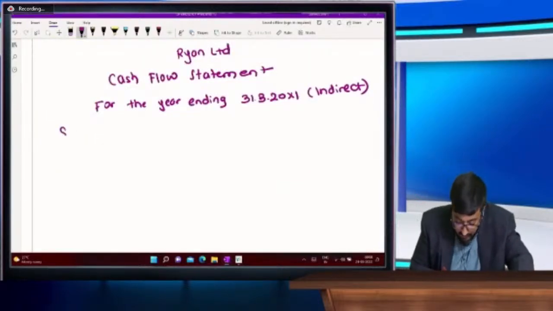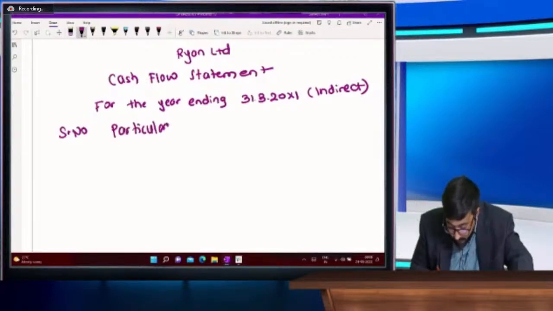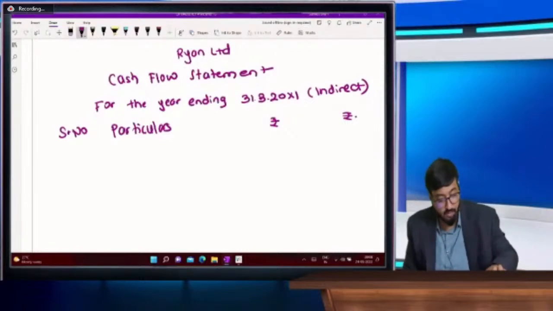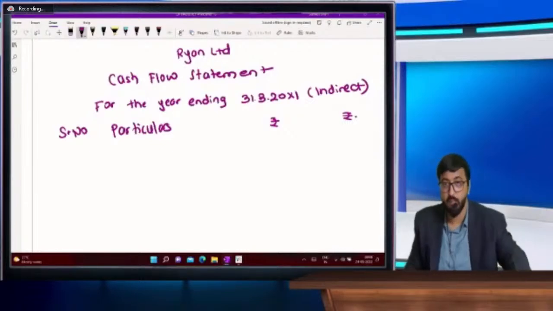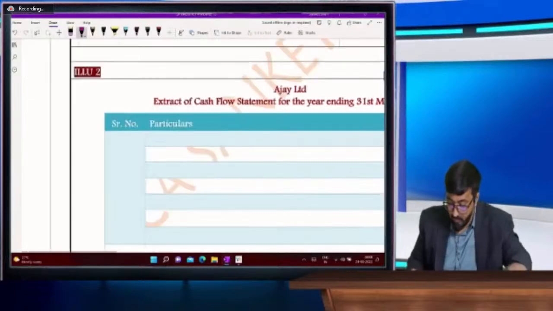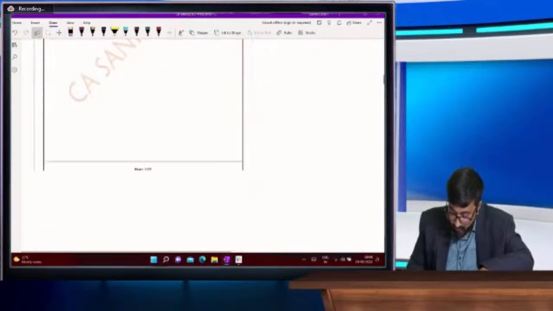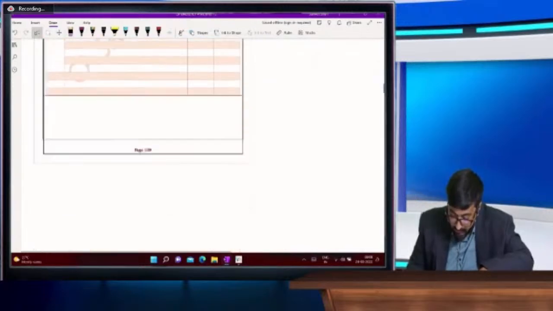Write down serial number, particulars, rupees. Now I am telling you how to write it. Serial number, particulars, rupees. Serial number, particulars, rupees.